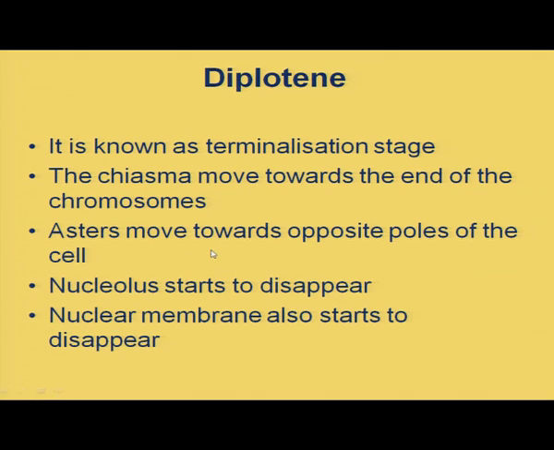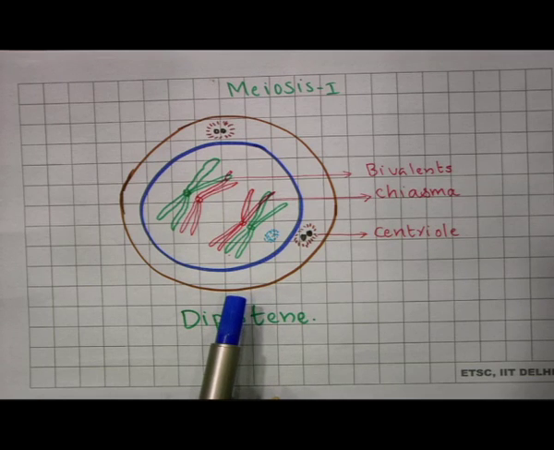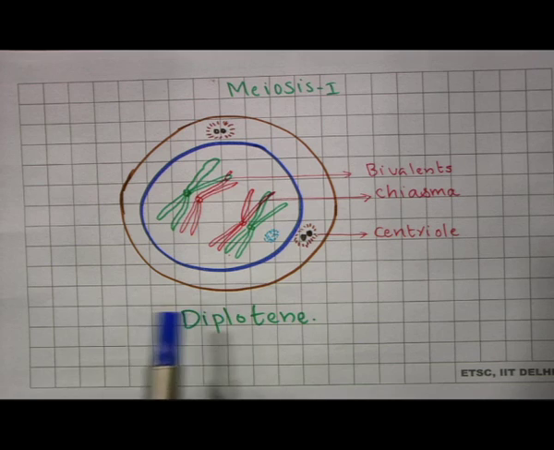Now, coming to the next stage, that is known as diplotene stage. Diplotene is known as terminalization stage. Here you can see the diagram. Terminal means moving towards the end, towards the tip portions.